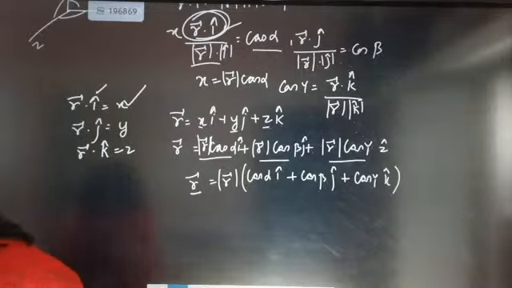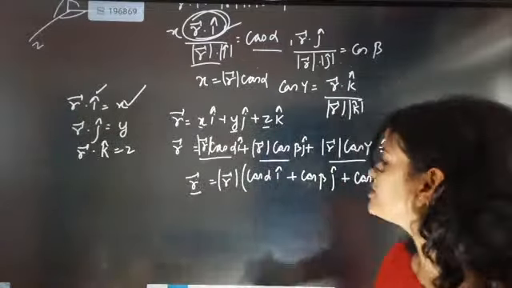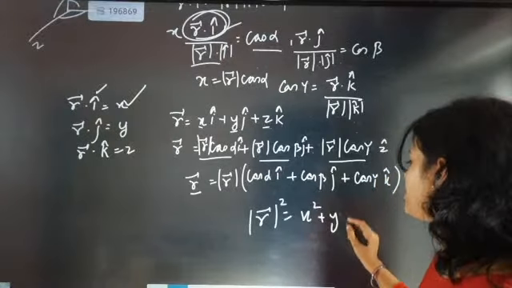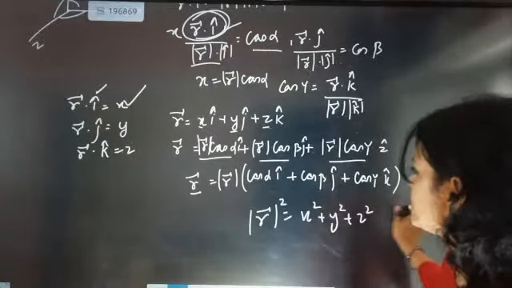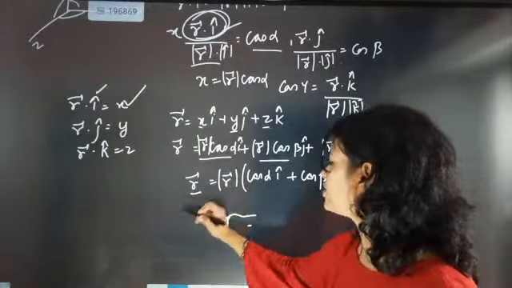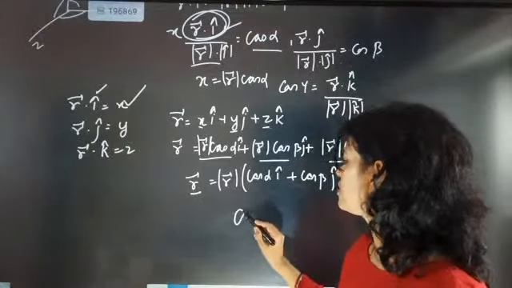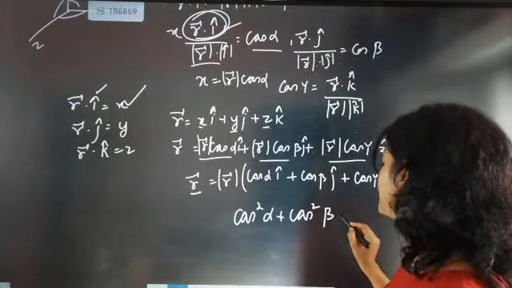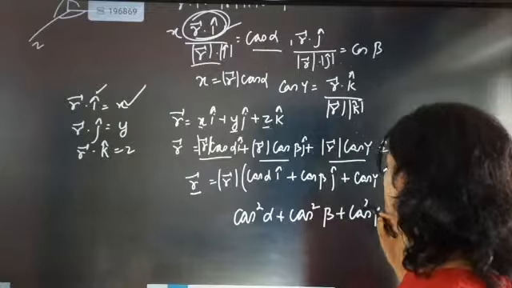Because we know one simple formula, and that formula is the magnitude of r vector square will be equal to x square plus y square plus z square. So the moment you find the square of the magnitude of this part, it will become cos square alpha plus cos square beta plus cos square gamma.